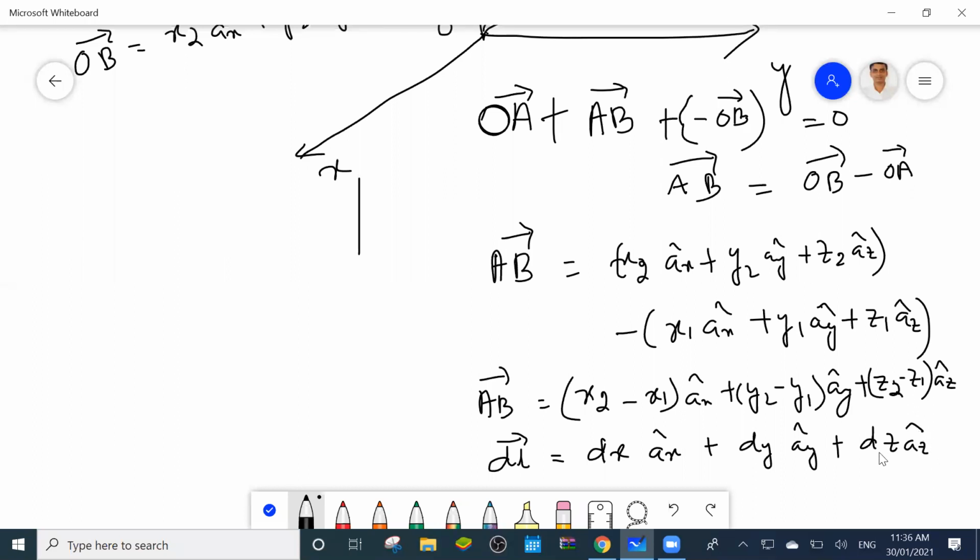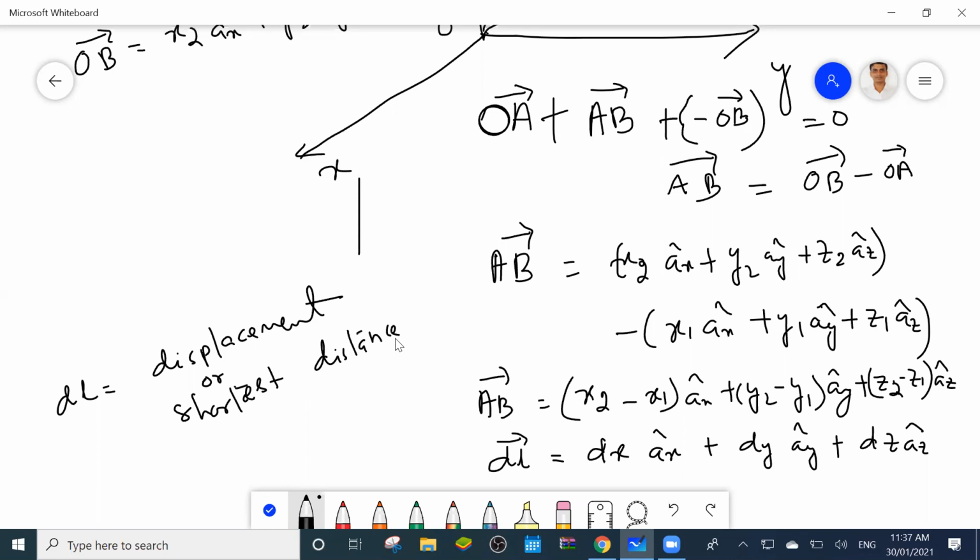So this is the displacement vector, or the shortest distance, dl.